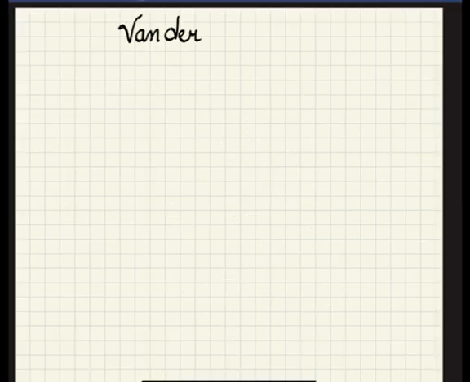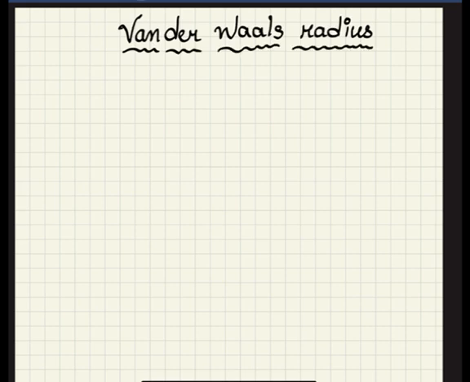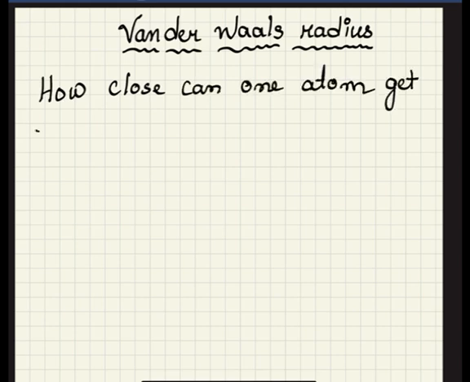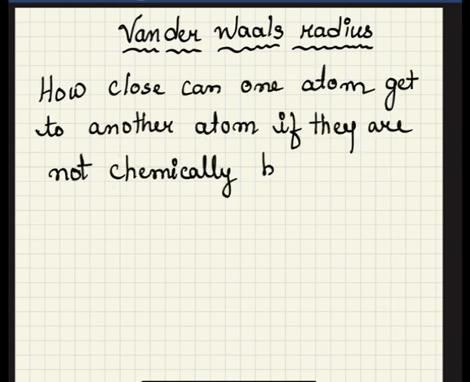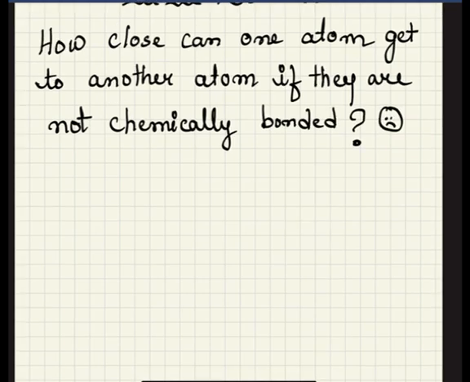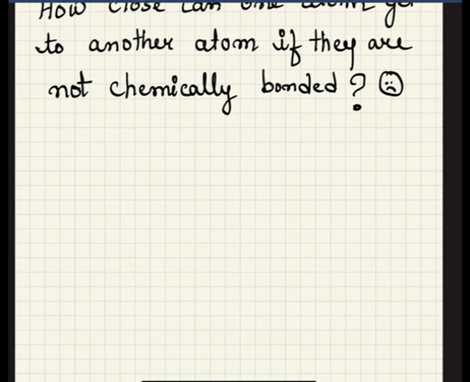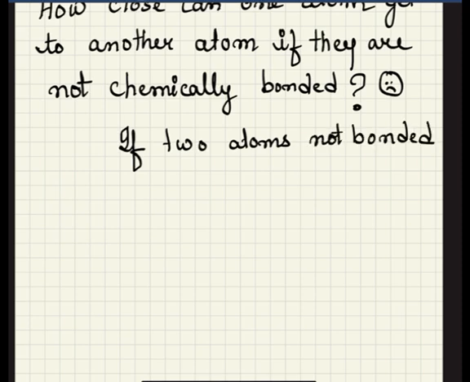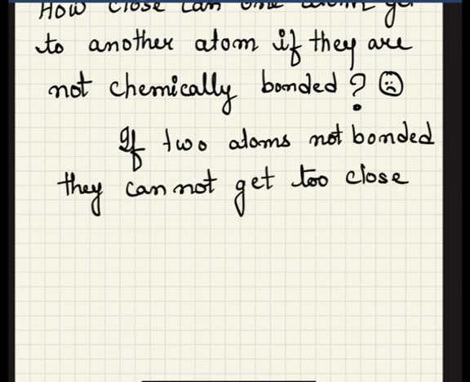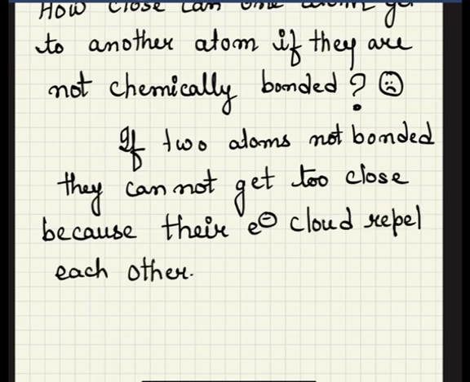Van der Waals radius. How close can one atom get to another atom if they are not chemically bonded? If two atoms are not bonded, they cannot get too close because their electron clouds repel each other.